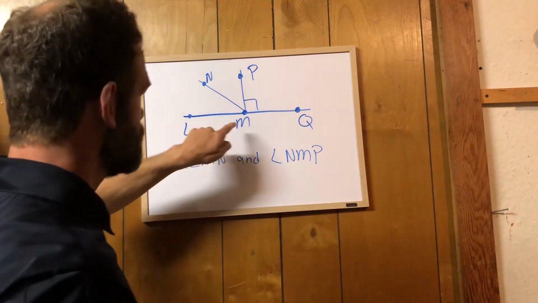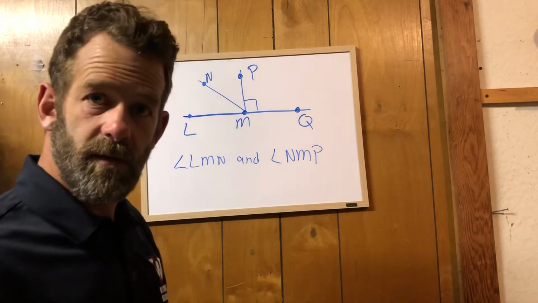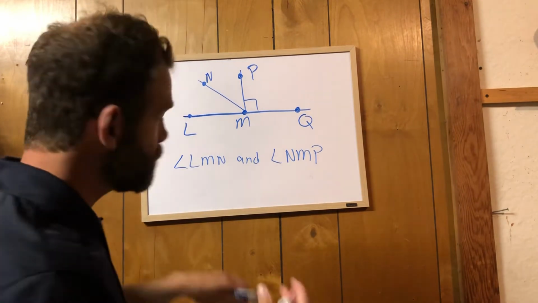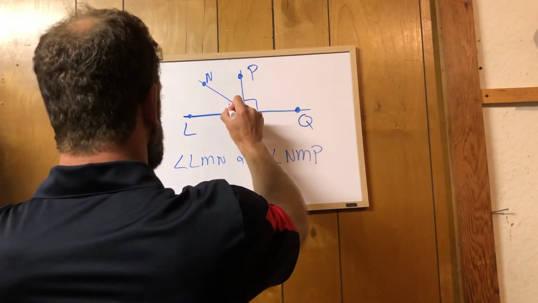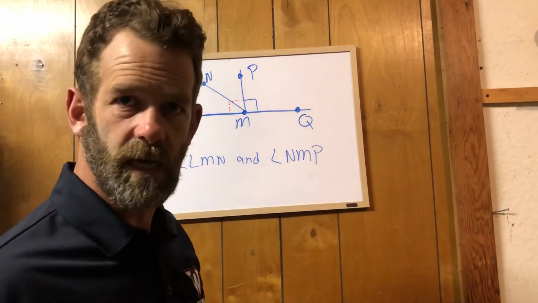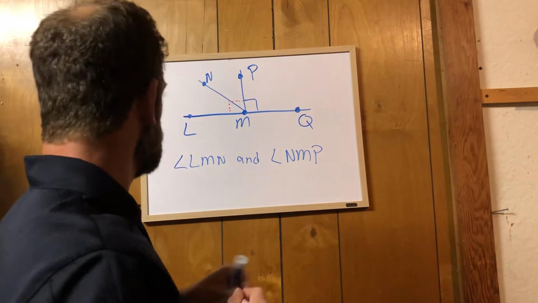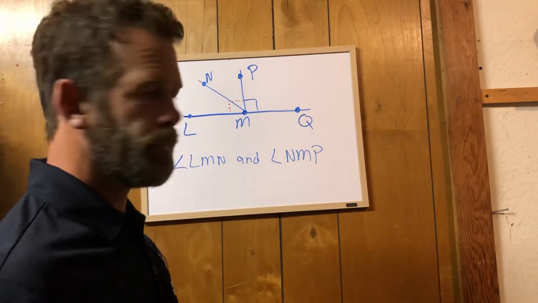These 2 angles add together to give me 90 degrees. How do I know they're complementary to each other? Well, if this is 90 degrees, this also has to be 90 degrees because this is a straight line, which equals 180 degrees. So these 2 angles are complementary to each other.